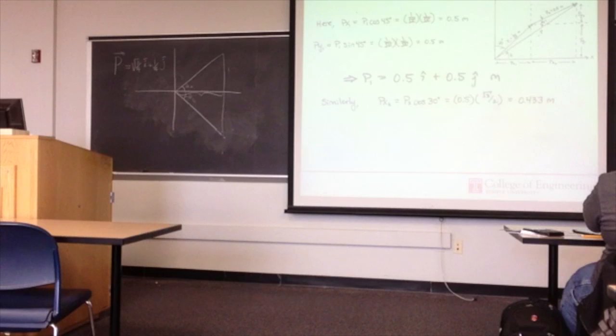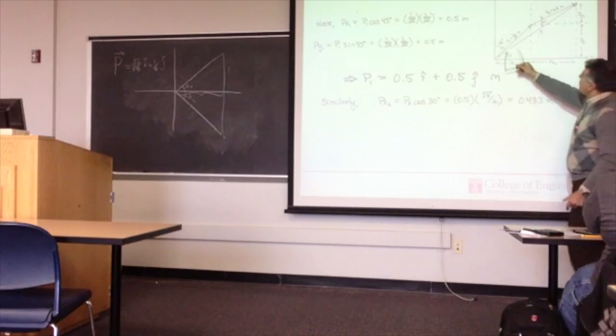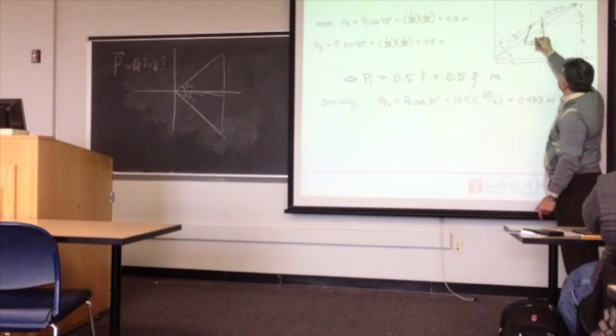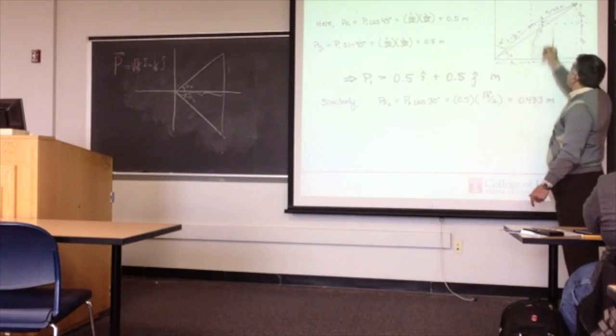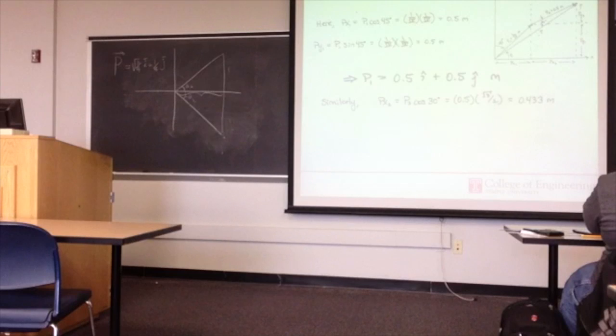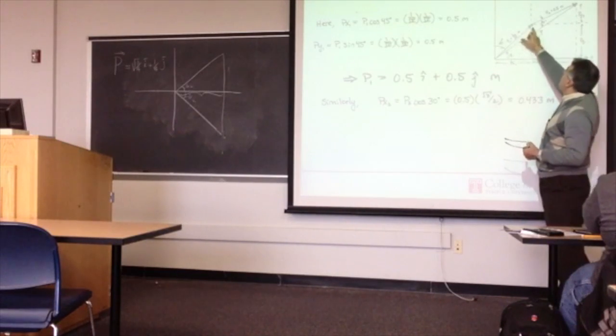Where did we get the 30 degrees from? Remember, this was theta 1, and then we had theta 2.